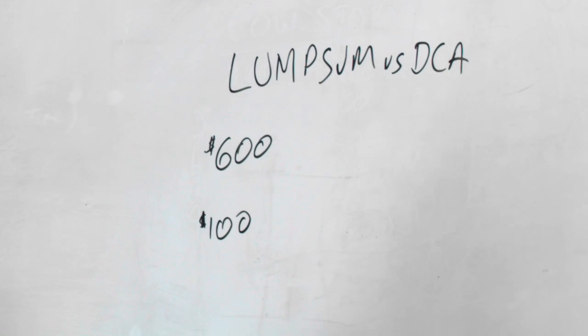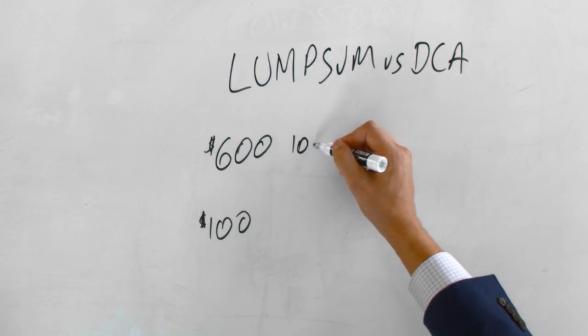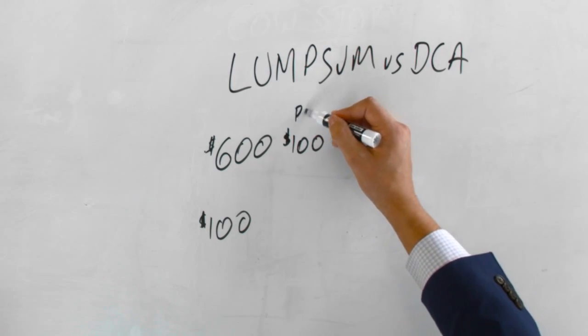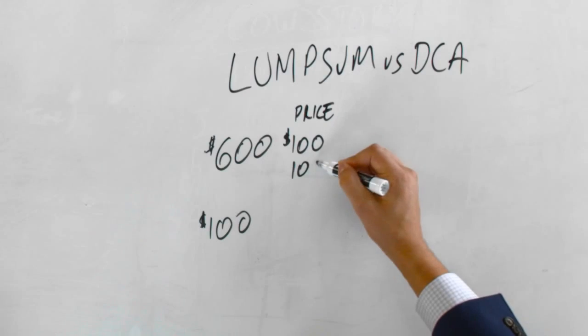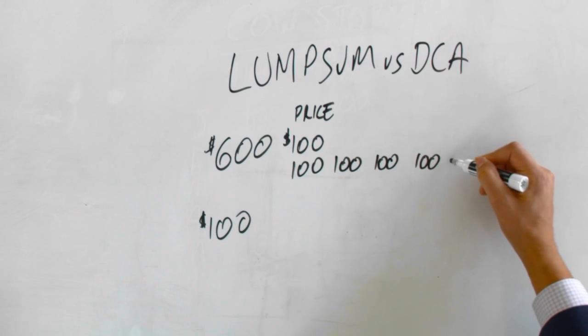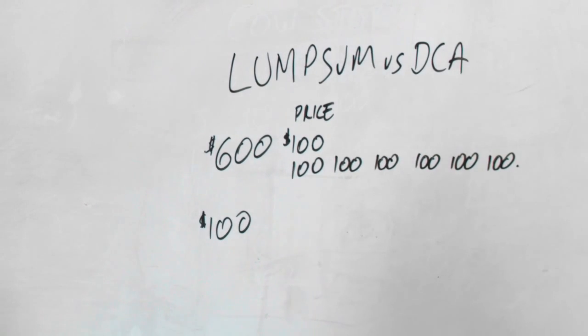Okay. So using the same example, if we have a 6-month period of time, and let's say we start with a unit price of $100. In a lump sum example, which you could equally parallel to a flat market example, we invest our $600 in month one.